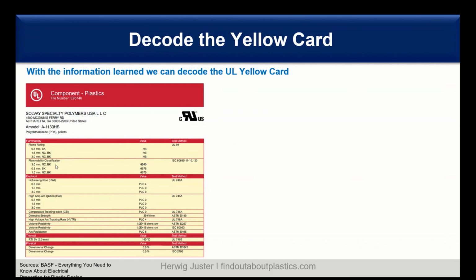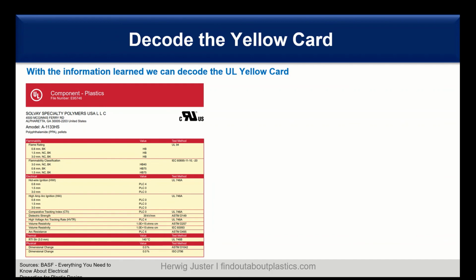Then we have some flammability classification also, and for the electrical properties here we have the hot wire ignition, so the HWI, and you see with 0.8 millimeter we have PLC 4, and at 3 millimeter we have PLC 0. So this has an impact, depending on the thickness of the part you have different values, and the same is also valid for the high amp arc ignition.